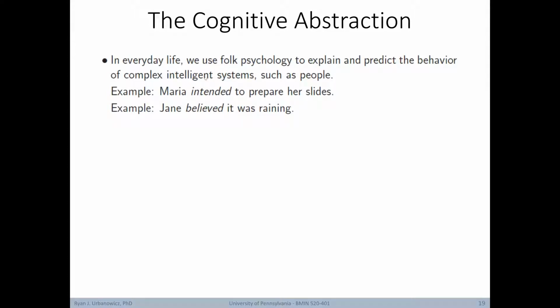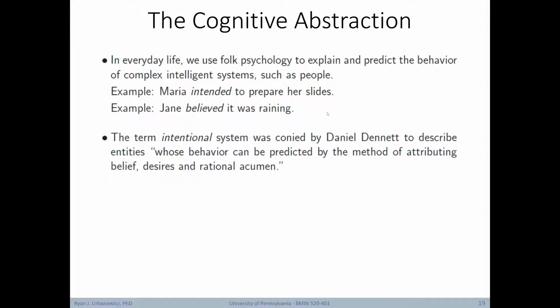Now let's look at the cognitive abstraction. In everyday life, we use folk psychology to explain and predict the behavior of complex intelligent systems as if they're people. For example, Maria intended to prepare her slides, or Jane believed it was raining. The term intentional system was coined by Daniel Dennett to describe entities whose behavior can be predicted by the method of attributing beliefs, desires, and rational acumen.